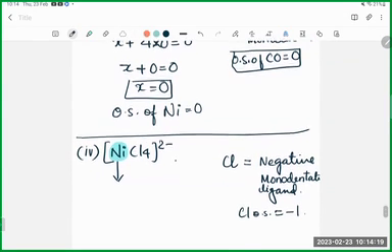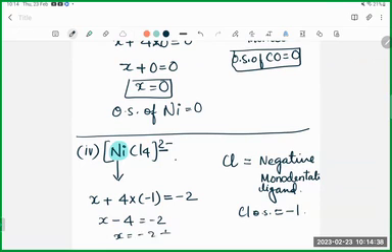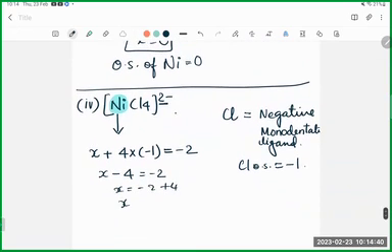Exactly. So x plus 4 times -1, and the entity is carrying -2 charge, so the equation equals -2. Very good: x minus 4 equals -2, x equals -2 plus 4, x equals +2. So very nice. Okay, Hridaya, you want a break?